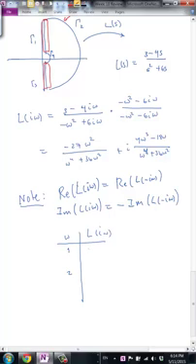Plotting omega equals 1, we'll find that L of i omega is equal to minus 27 over 37 as the real part, plus i times minus 14 over 37. Plotting 2 would give us the real part, again, negative. In fact, you'll see it's always negative. 108 over 160 plus i times minus 4 over 160.